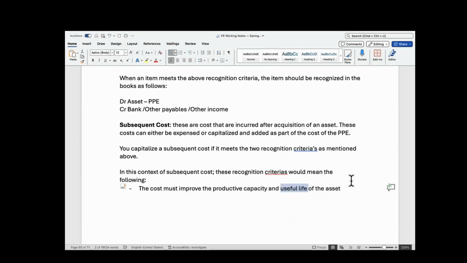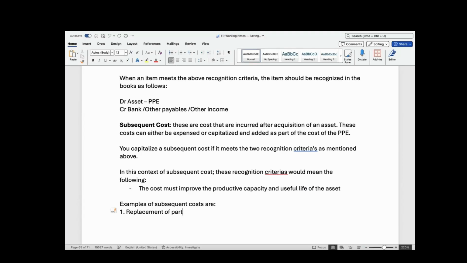When we have a cost that can do that, then it has met those criteria, even if it is a subsequent cost.